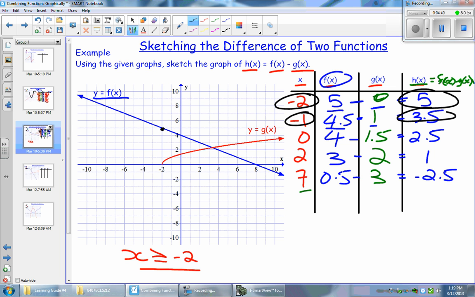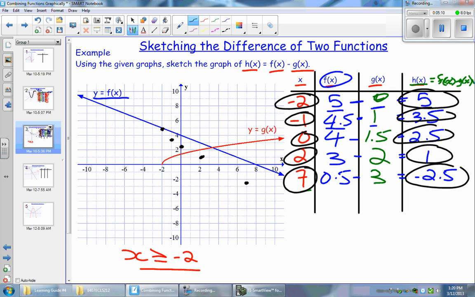Then -1, 3.5, so right here. 0, 2.5, which is about here. 2, +1, which is right there. Almost done here. Finally, 7, -2.5, which is right there.